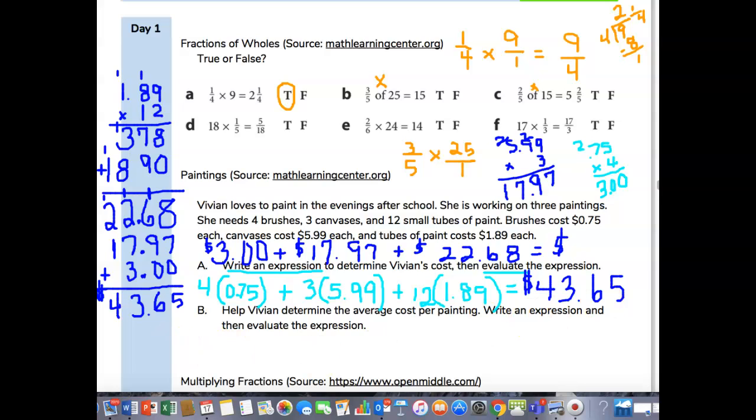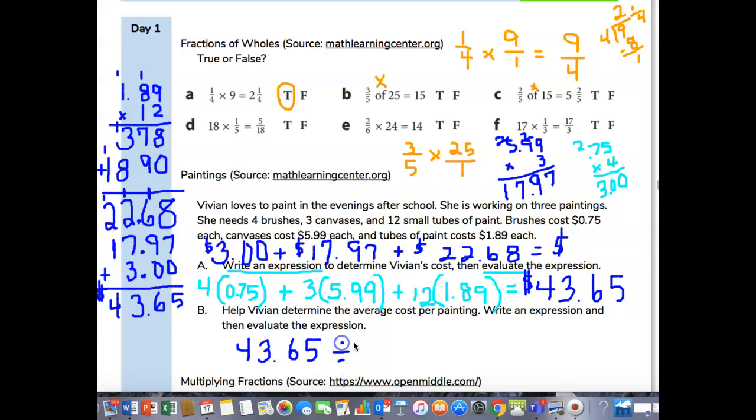Okay, well, we take our $43.65. All right. Now, she is working on 3 paintings, so we have to find out how much each painting on average costs.